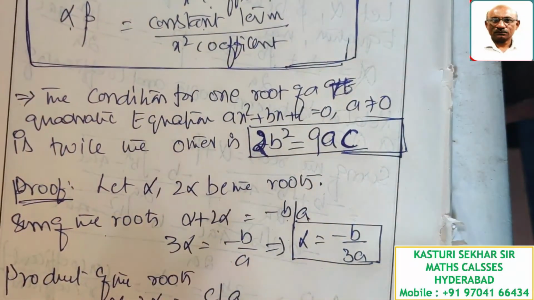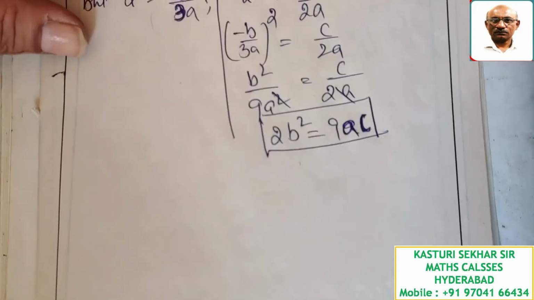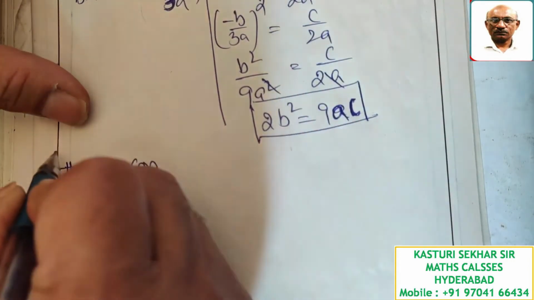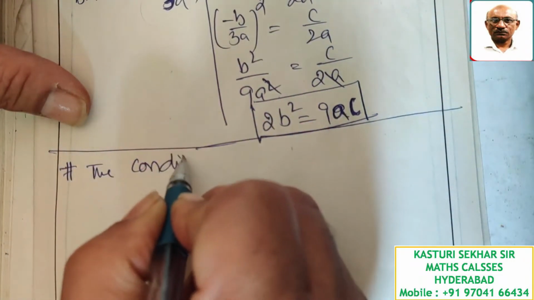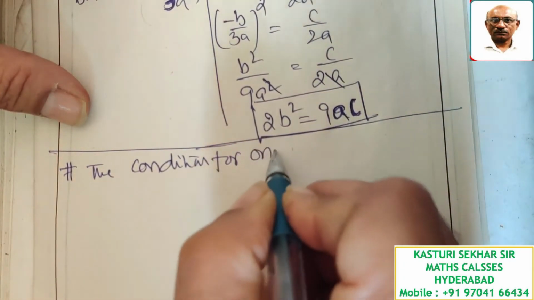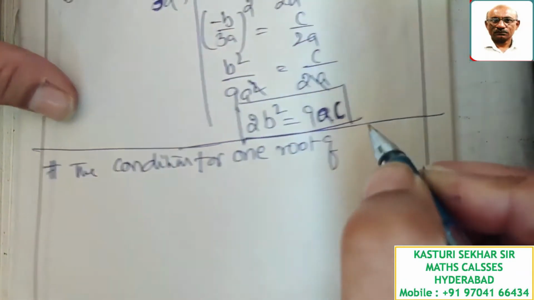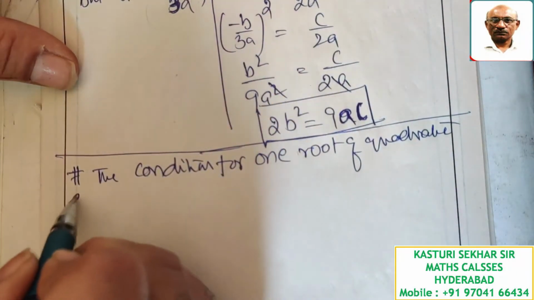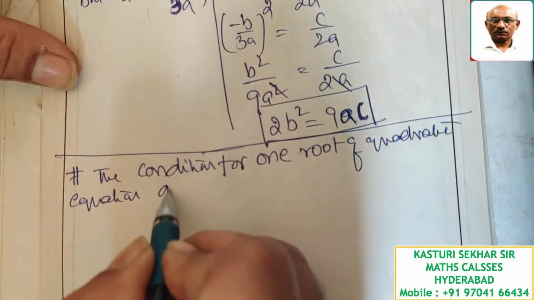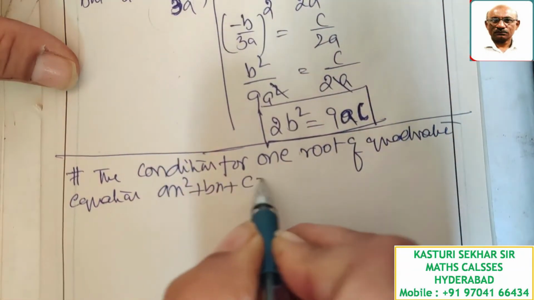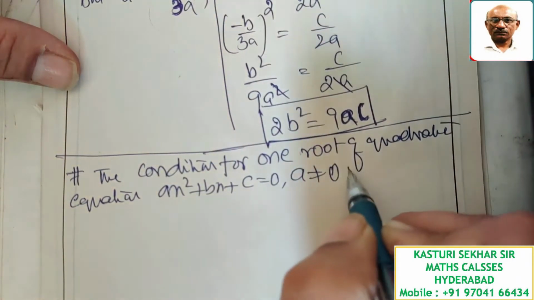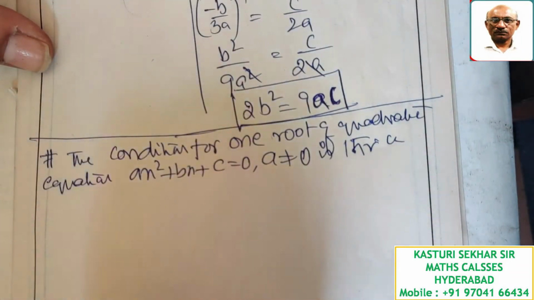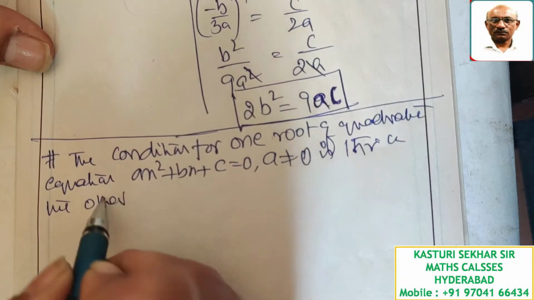Now let us go to one more result. The condition for one root of a quadratic equation is thrice the other.